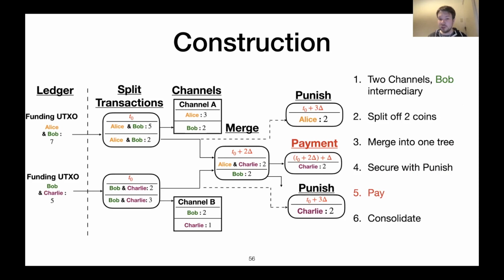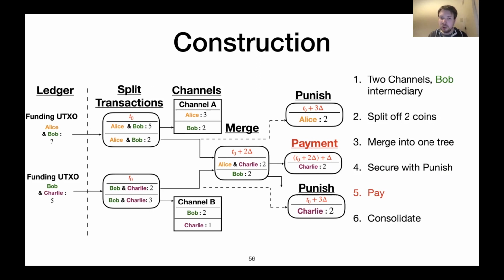Now, the last step will be that we want to consolidate the payment and go back to the initial state where we just had 2 individual channels, one between Alice and Bob, one between Bob and Charlie, but with the modified balance distribution.